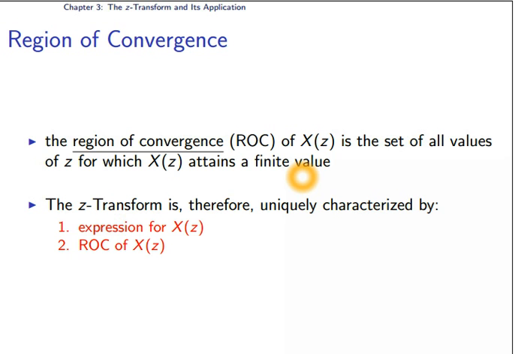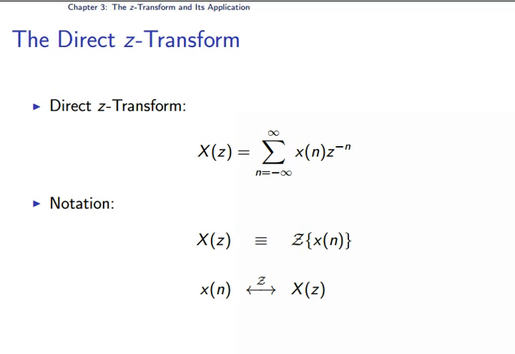Anytime we cite a z transform, we should also indicate its region of convergence. The region of convergence is the set of all values of z for which x of z has a finite value. If you apply one value for z, we ask where this series will converge.